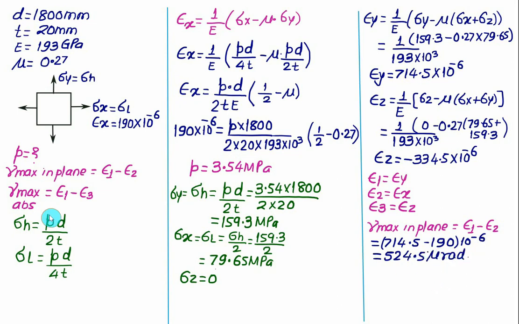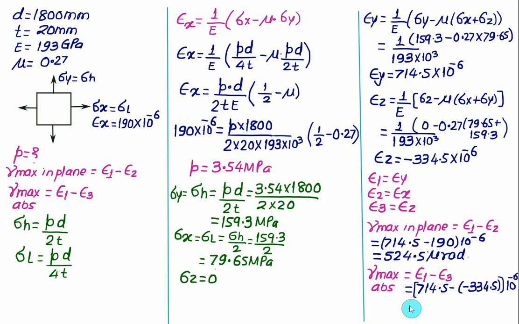Now you have to calculate gamma max absolute. The maximum absolute shear strain is epsilon 1 minus epsilon 3. We have epsilon 1 equal to 714.5 into 10 to the power minus 6, minus epsilon 3, which is epsilon z and is negative, so minus minus 334.5 multiplied by 10 to the power minus 6.